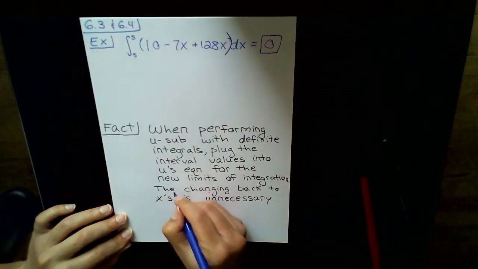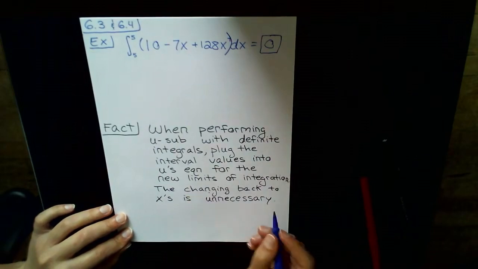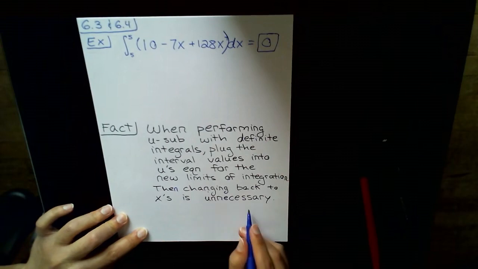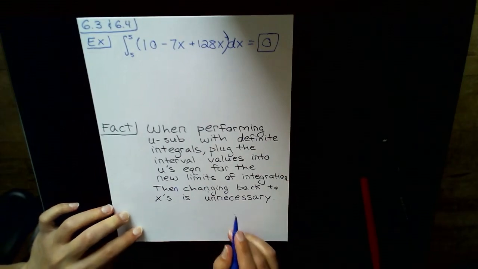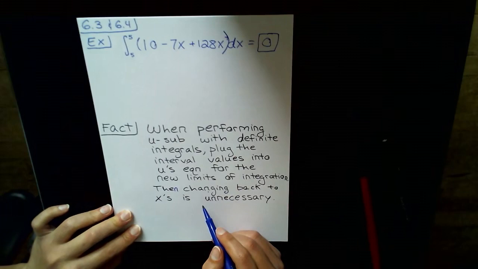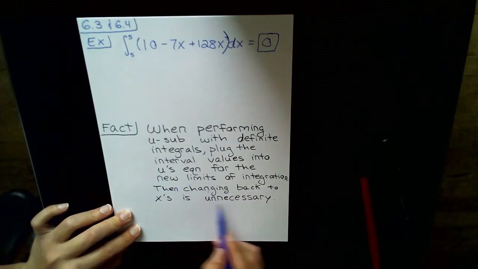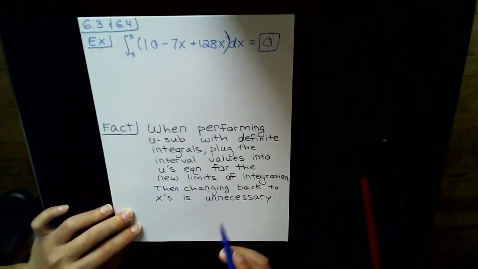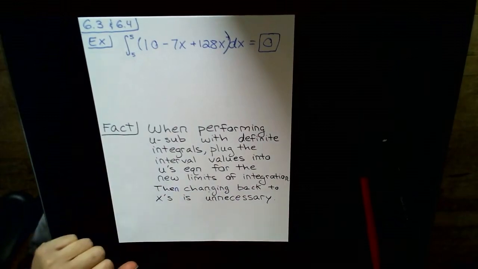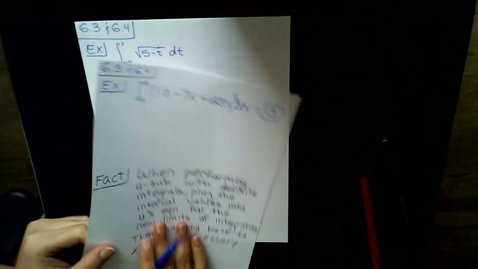And then changing back to x's is now unnecessary. So when you substitute your limits of integration into your U equation that you found, you no longer need to change the integral's answer back to x values. It's automatically done for you. So let's show what that means.